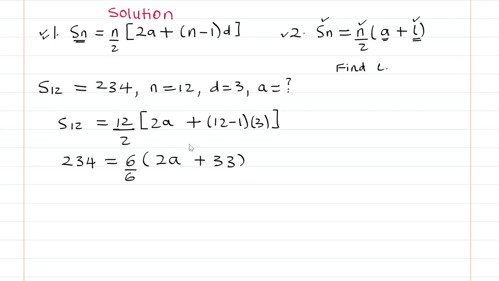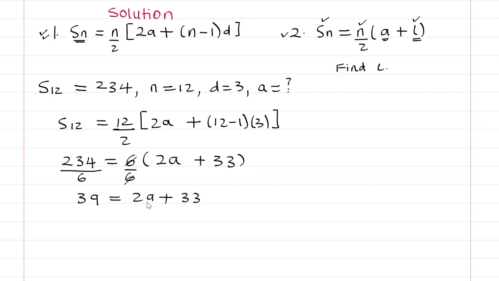Remember, we treat a bracket like one term, so we divide by 6 only once, and also this side we divide by 6. In case you do not know linear algebra, visit Senior 1 and Senior 2 mathematics lists on this platform. So this 6 and this 6 will cancel. What is 234 divided by 6? 39. So here we shall have 39 being equal to 6 and 6 have given us 1, so we shall be left with 2a plus 33.